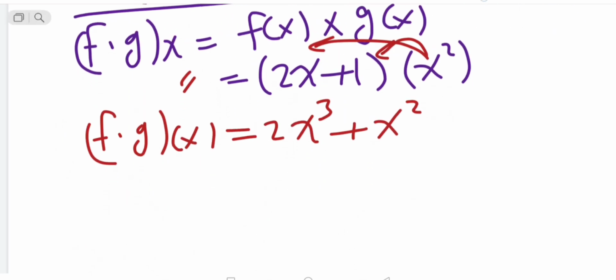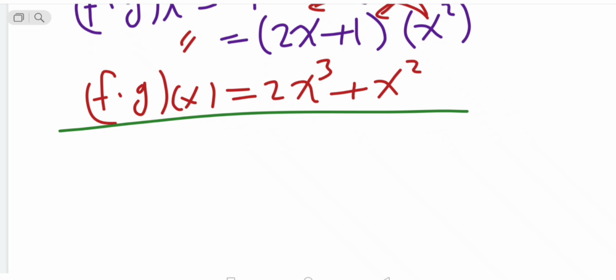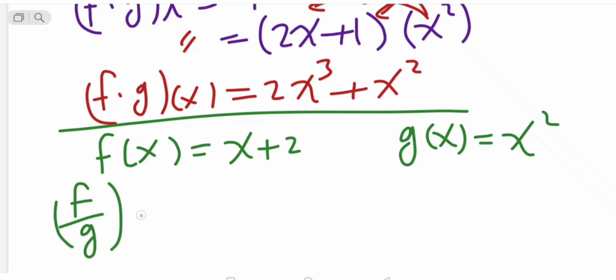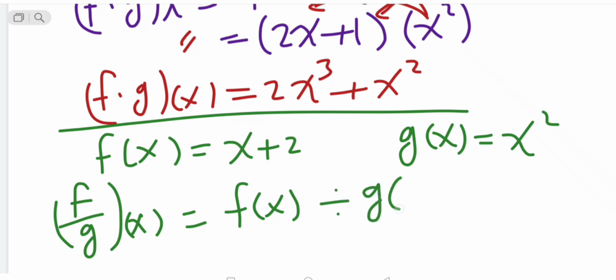Okay, let's solve one more example with different functions. f of x equals x plus 2, g of x equals x square. Okay, they ask you to find f over g of x. It means f function divided by g function.